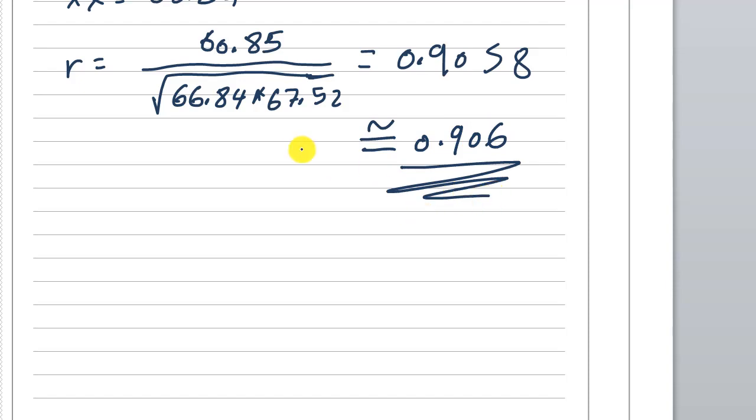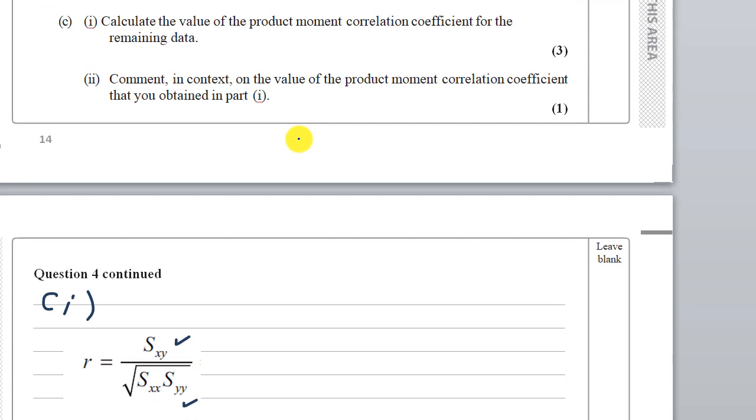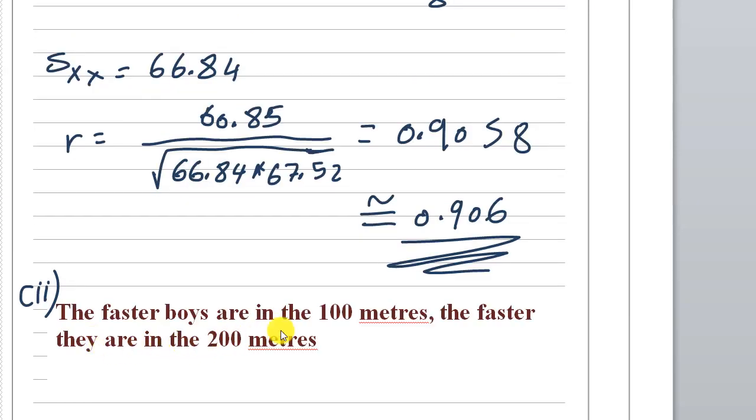This is the answer of R. Let us go ahead. Comment in context on the value of the product moment correlation coefficient that you obtained in the previous part. The faster boys are in 100 meters, the faster in 200 meters. Okay, let us go ahead to another question.